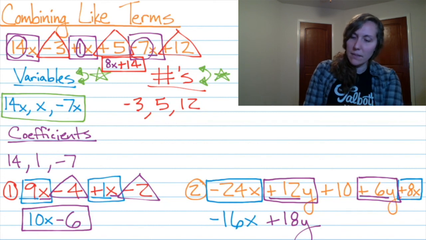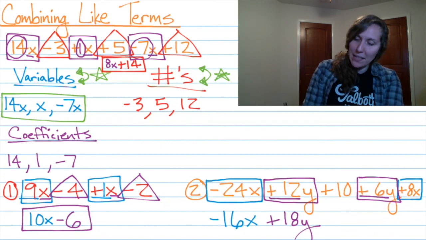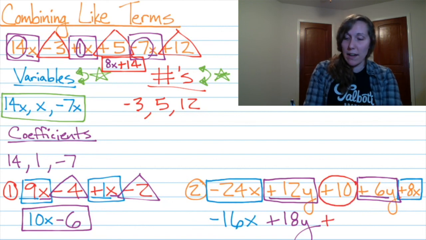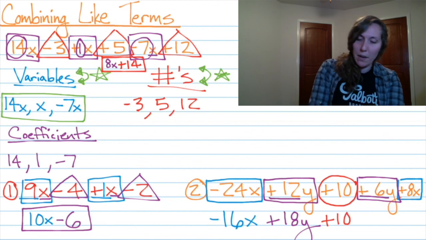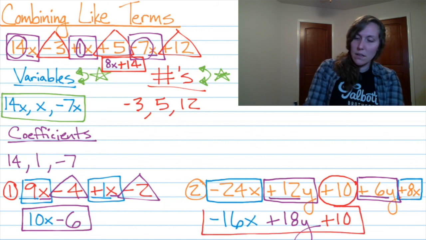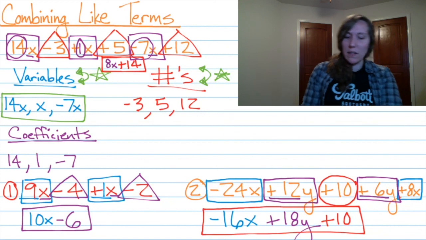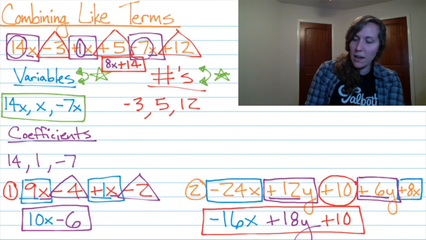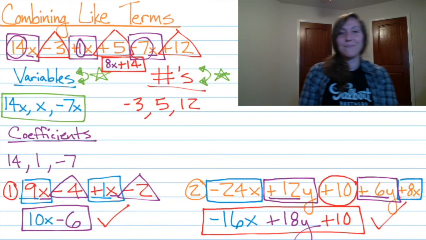And then I have this positive 10 hanging out here, but I don't have any other number terms. And so we just carry down that positive 10. There's nothing to combine it with. And simplifying that expression leaves us with negative 16x plus 18y plus 10. And you have put both of those expressions in simplest form. Great job.